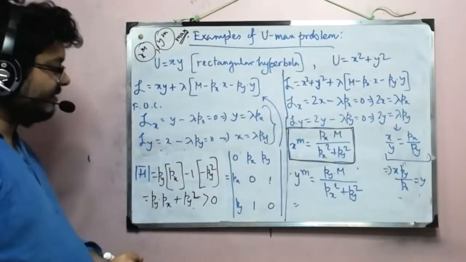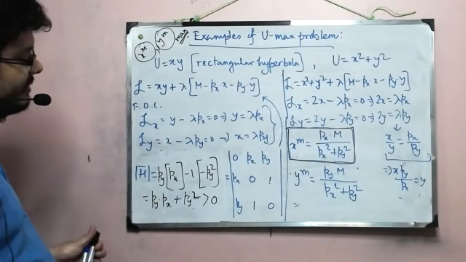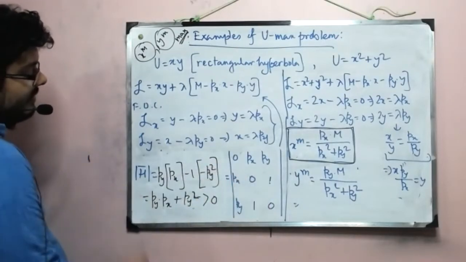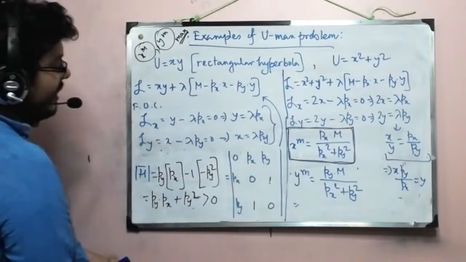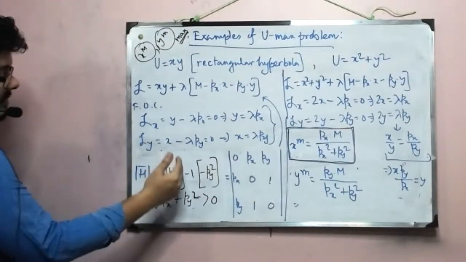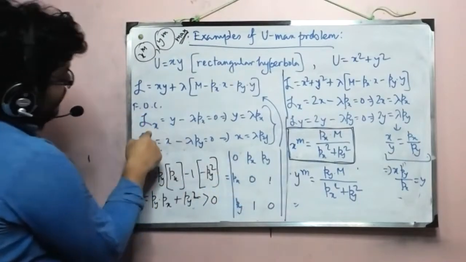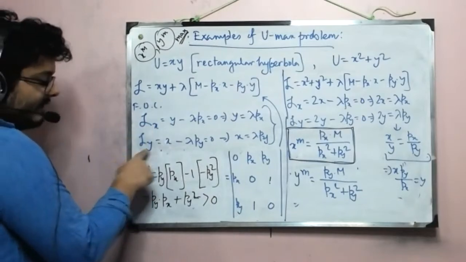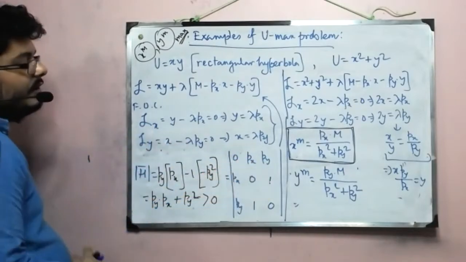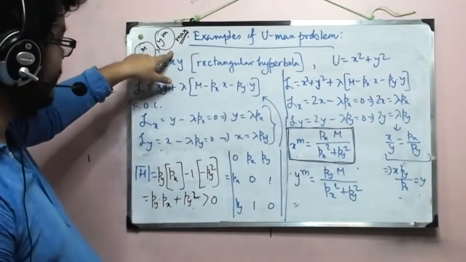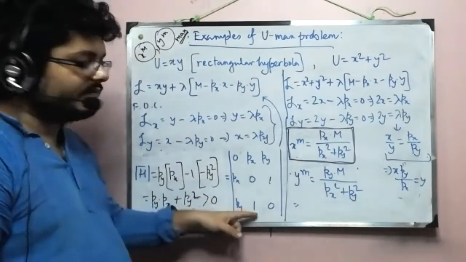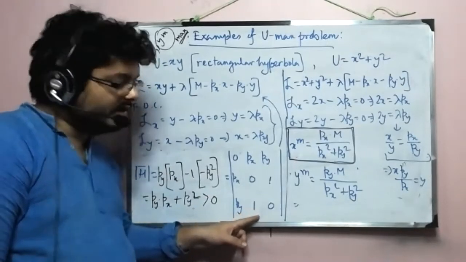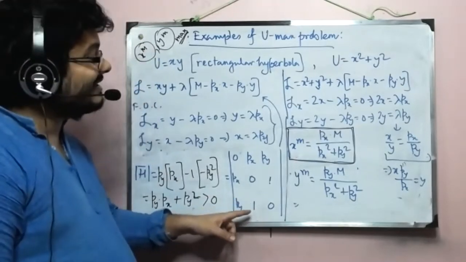Also, if I may say so, while evaluating the bordered Hessian's value in this determinant, when we worked out lxy or lxx or lyx or lyy, after that we did not put in the value of xm or ym. So what I'm trying to say is that the value of this determinant is not evaluated at the critical point. That is, it is not required.